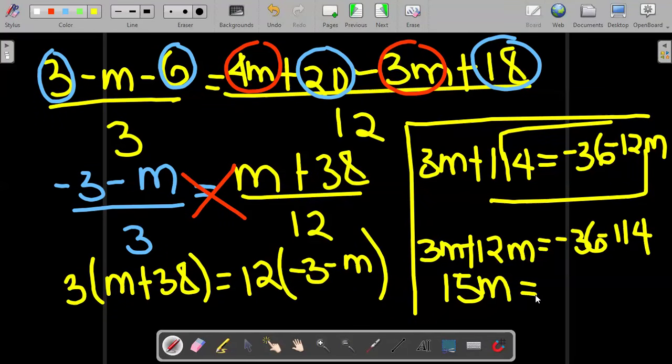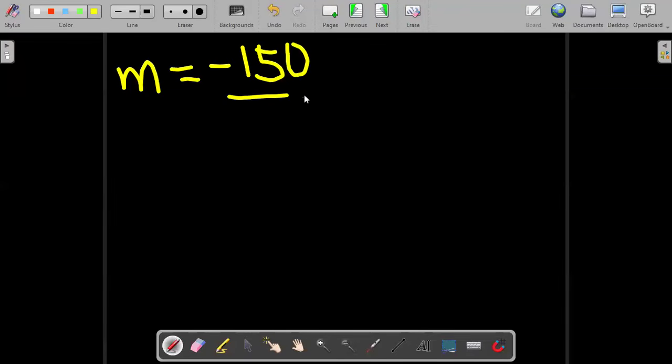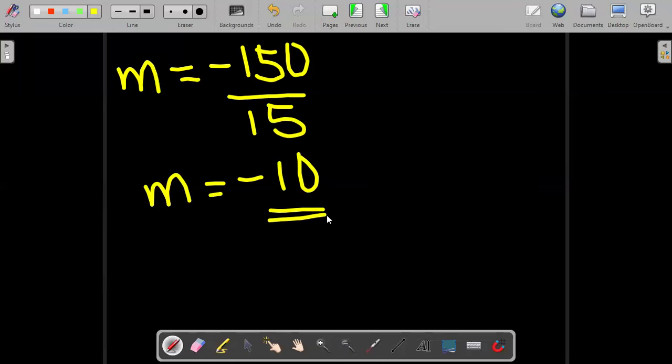Minus 114 minus 36 will give us what? Will give us minus 150. So to find m now, I'll divide both sides by 15. So my m now will give me minus 150 divided by 15. M will give me minus 10. This is the value of m, minus 10.